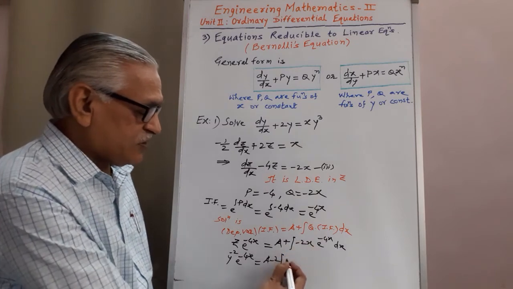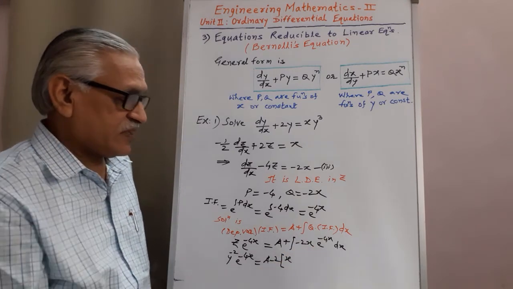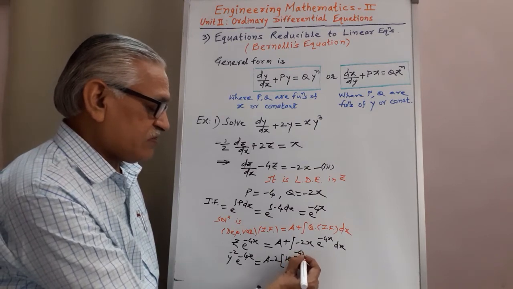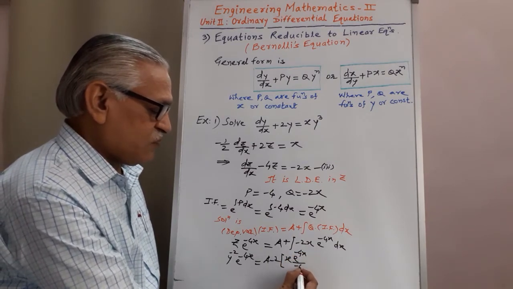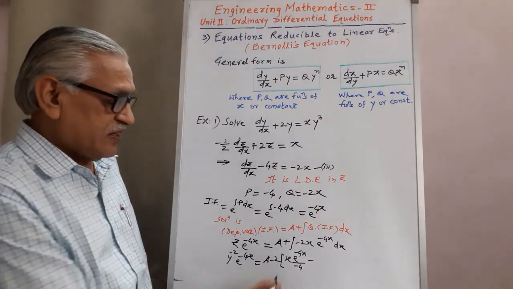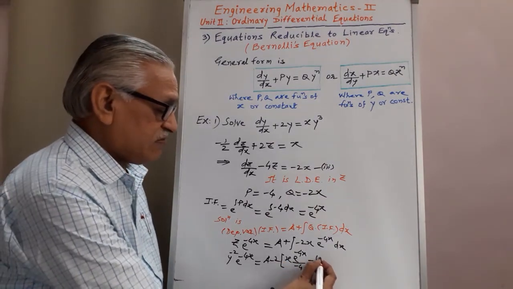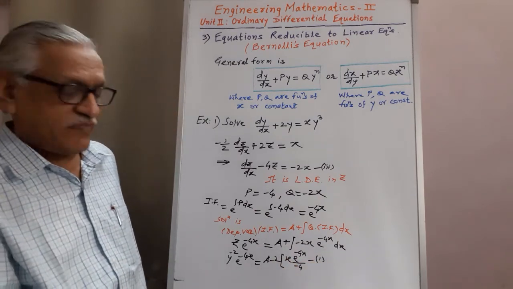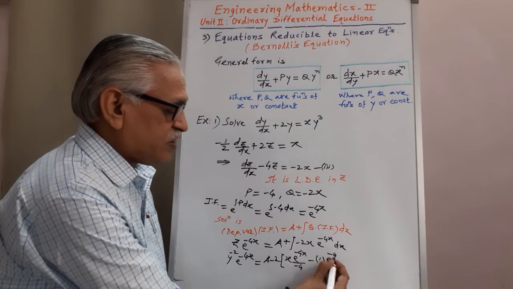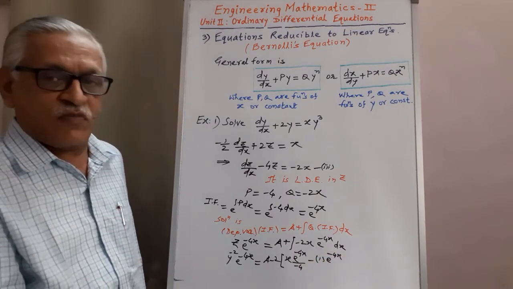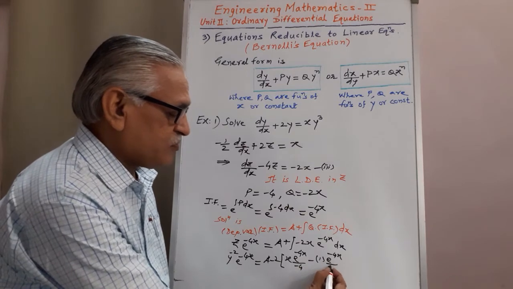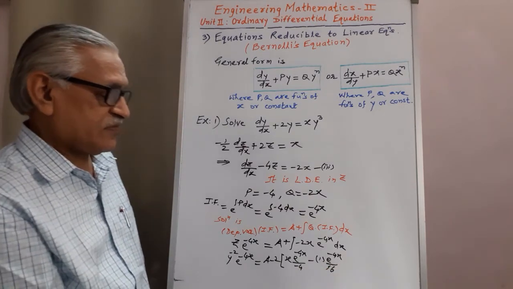Therefore x must be the first term, integration of the second, e raised to minus 4x upon minus 4, then minus derivative of x, 1, next integration of it is e raised to minus 4x upon minus 4, and previous minus 4, it becomes 16.